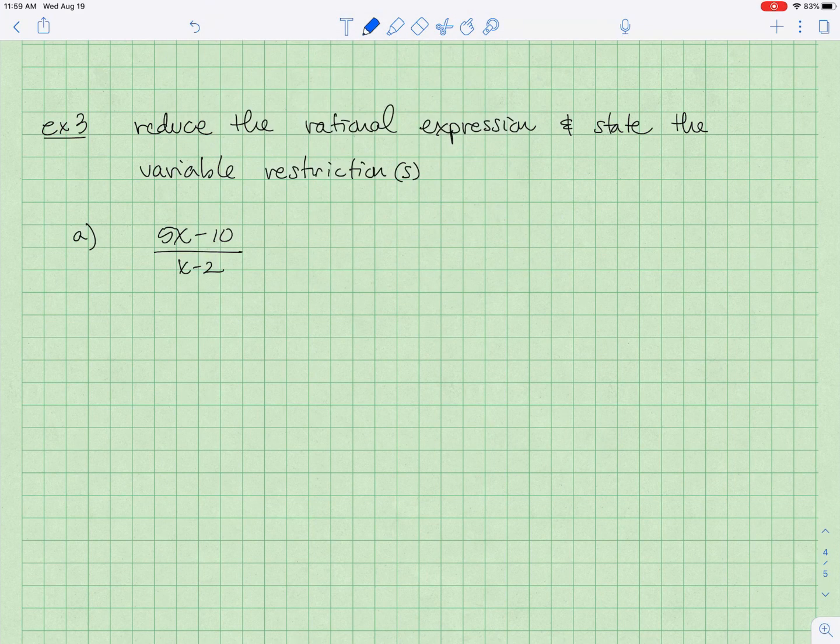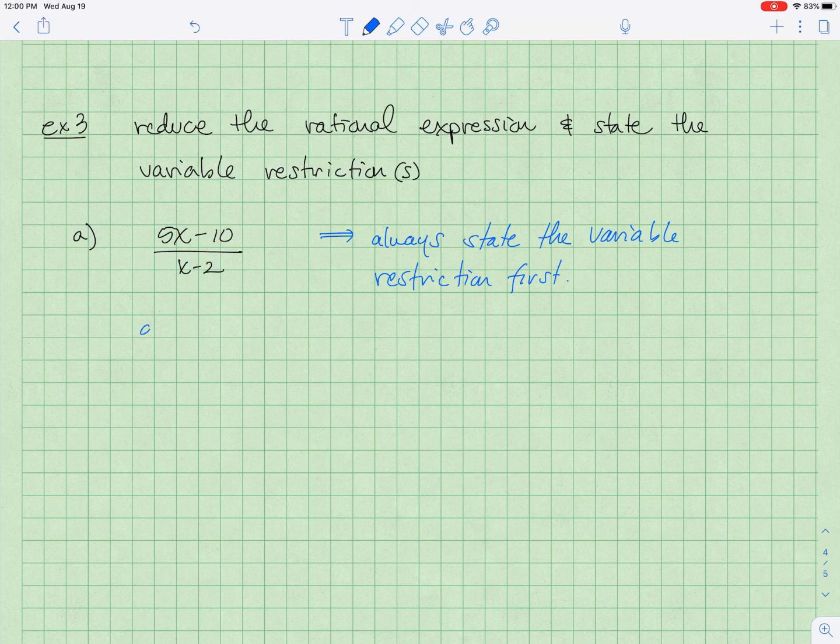The first thing that you should do here is, even though this says reduce the rational expression and state the variable restriction, always state the variable restriction first. The reason is that as we simplify this fraction, we may cancel out some common factors and lose sight of what the restrictions actually were to begin with.